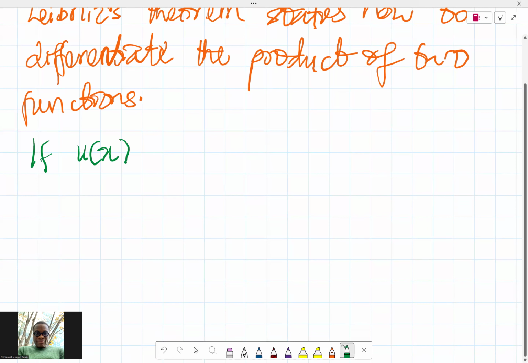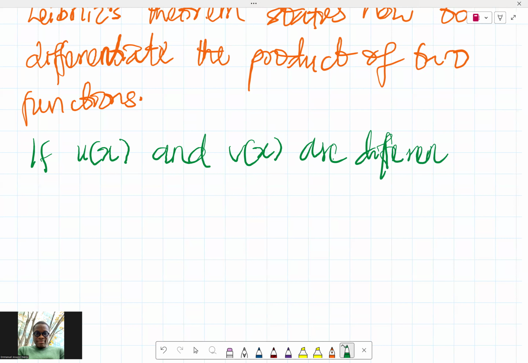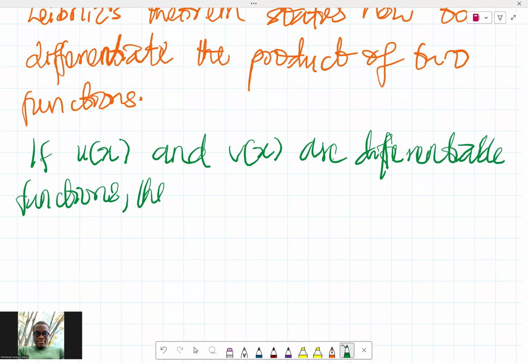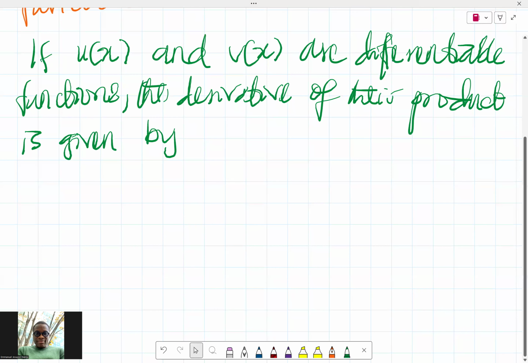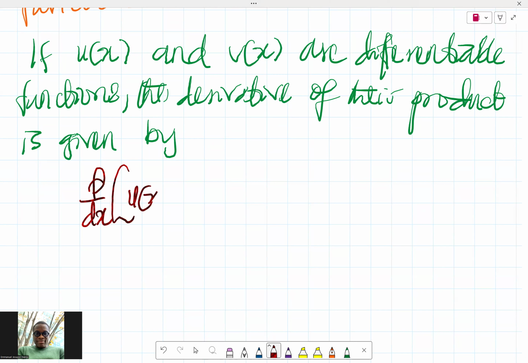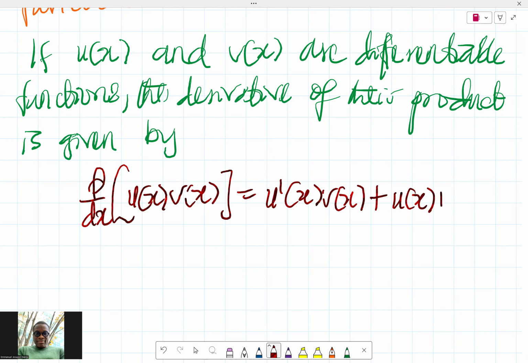If u of x and v of x are differentiable functions, the derivative of their product is given by, because this is a very well-established formula, d/dx of u of x multiplied by v of x, and that is equal to u prime of x, that's differentiate u and multiply it by v of x, then multiply u of x by the derivative of v of x.